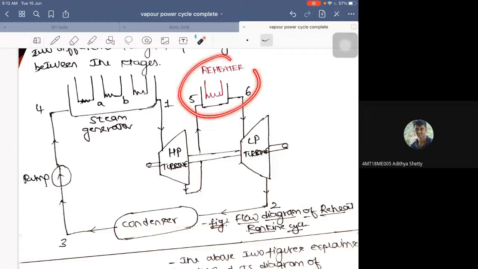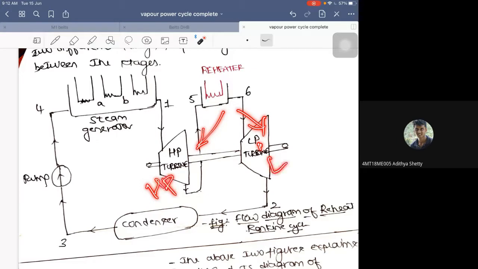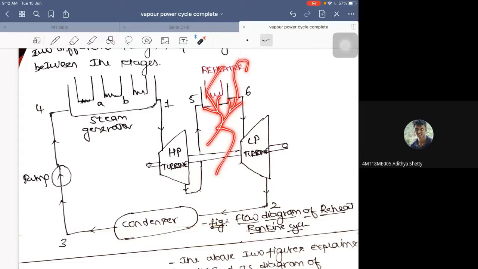Yes or no? So you can make two different turbines, or expand in two different stages, first in the high pressure stage, later in the low pressure stage. In between, you can add still more heat to the system.